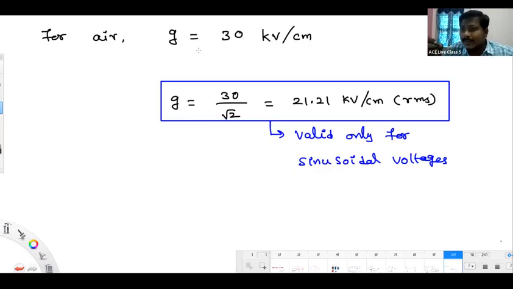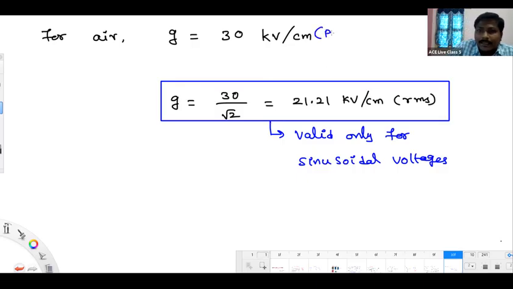If it's sinusoidal, listen please, you might be getting a doubt. Sorry, you said 30 one time and 21.21 one time. Which value do we have to use? At that time, in a sinusoidal signal discussion, you take the 30 as a peak value, and 21.21 as an RMS value. For any other signal you are discussing, DC, impulse, any other signal, you take it as 30, no issue. So it is valid for any signal.